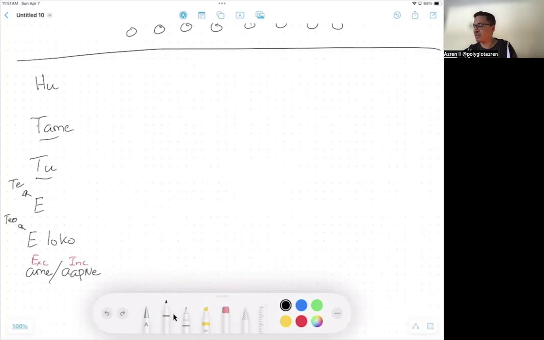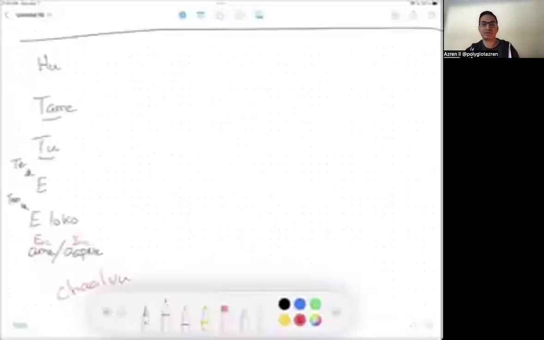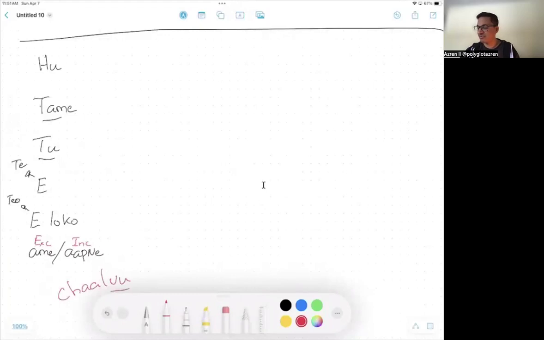Those are our pronouns. In the imperfect tense, we take our verb. Let's take the verb I often use, chalvu. So let's stick with that verb. I'll write it down here in a different color, red. The verb we're going to use is chalvu. Remember, all verbs in Gujarati end in vu.